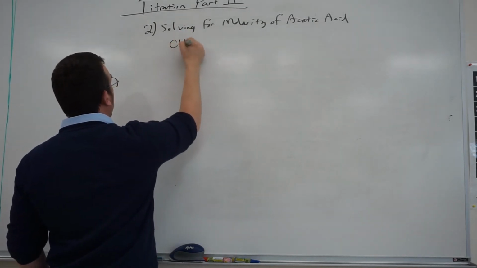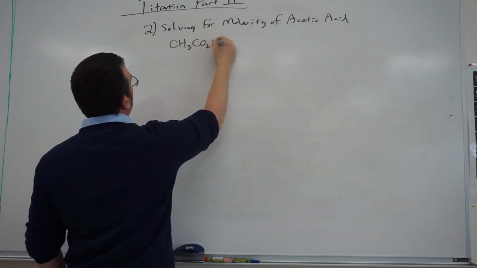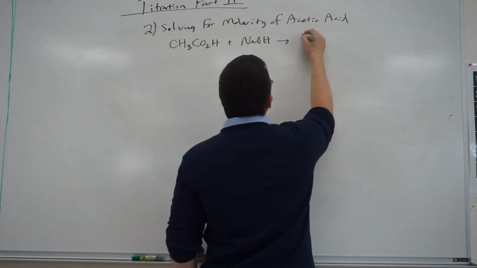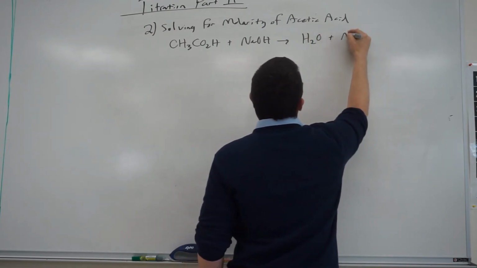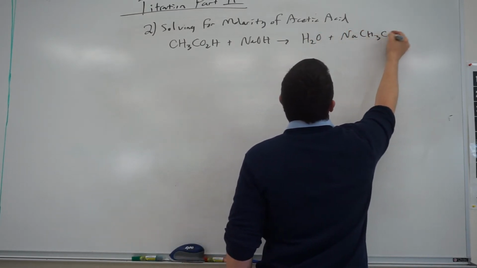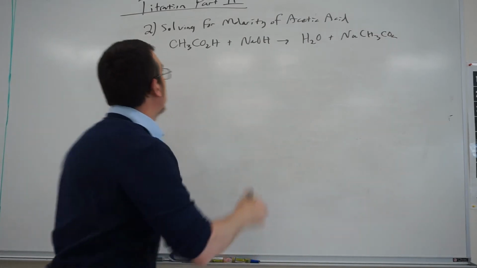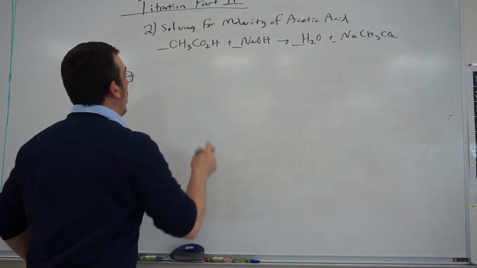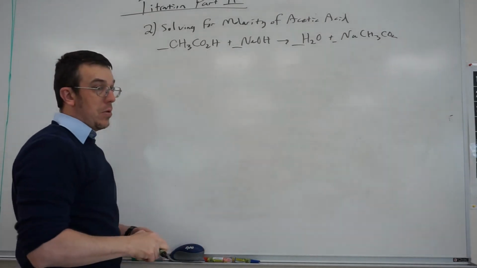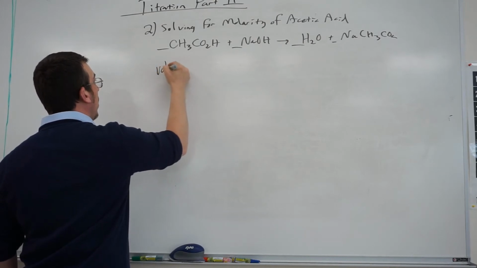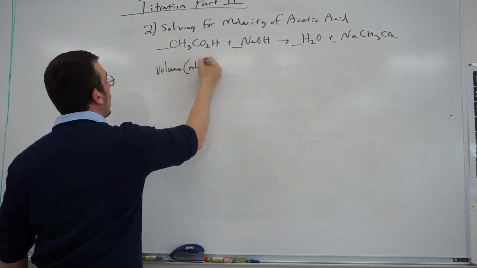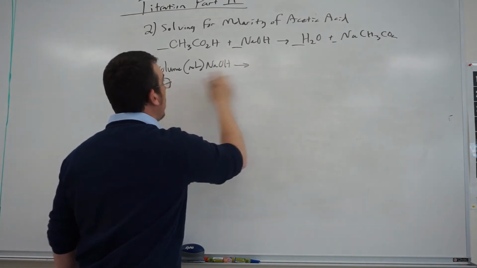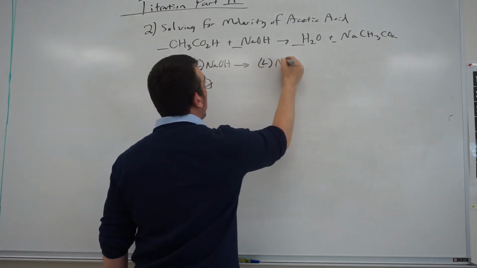So we're going to have acetic acid reacting with NaOH, going to form your salt plus water here. You'll have to make sure you balance this equation before you go further. So now what we do know from the titration is the volume in milliliters of sodium hydroxide. So what we want to do is convert this volume from milliliters into liters of sodium hydroxide used.